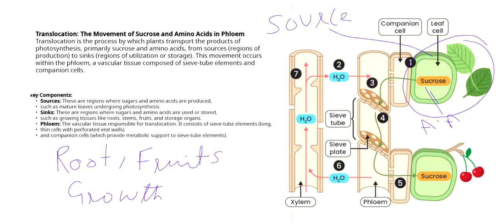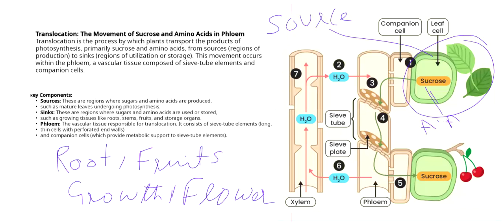And growing regions like new leaves, emerging flowers, fruits, new branches, these are areas where the development of new leaves, branches, fruits, flowers takes place. You can add flower as well because flower is also a sink, because it uses this food for growth.